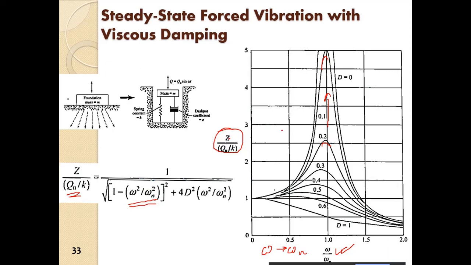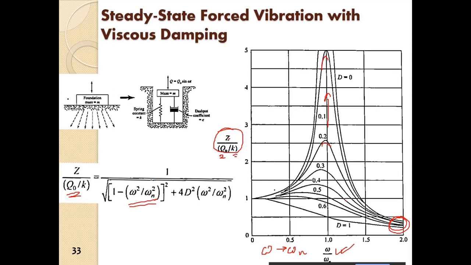So Z0 is increasing, and we have very high amplitude for the same amount of force and stiffness of the soil. So the thing is that we have to keep in this range.